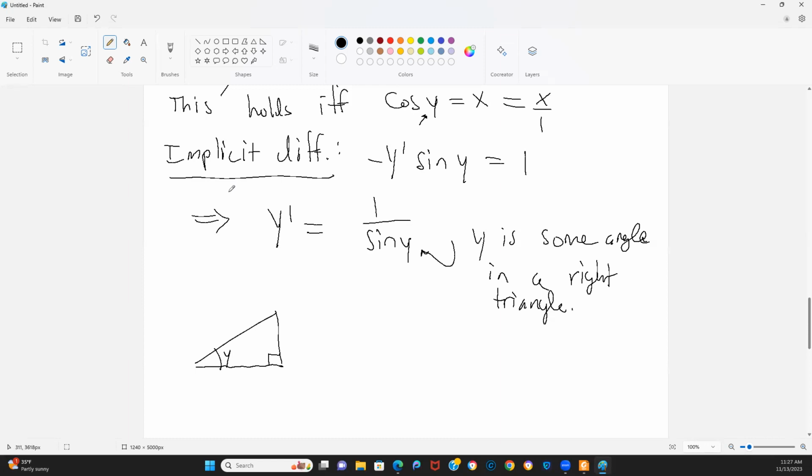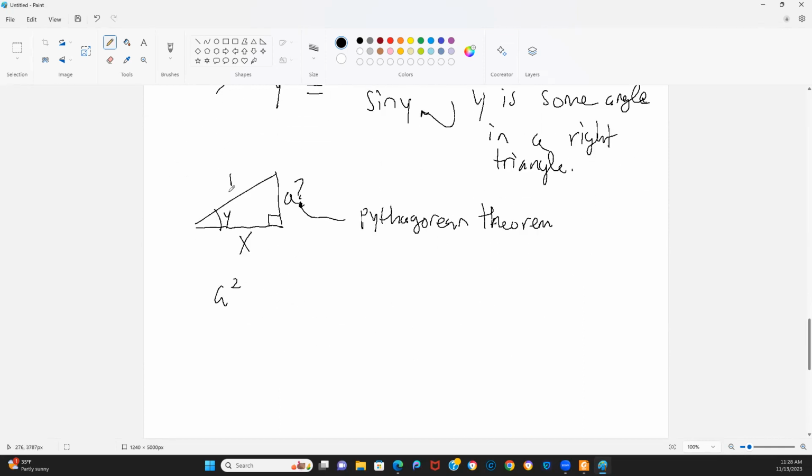Remember, cosine is adjacent divided by hypotenuse. This other side we can get by the Pythagorean theorem. Let's say it's a. We know that a squared plus x squared is equal to 1 squared, and so we can solve for a and get the square root of 1 minus x squared.